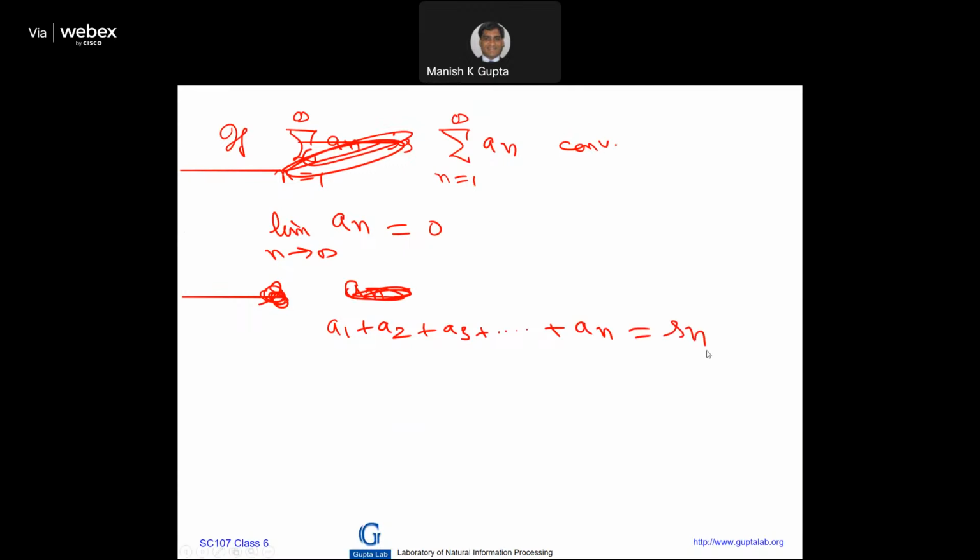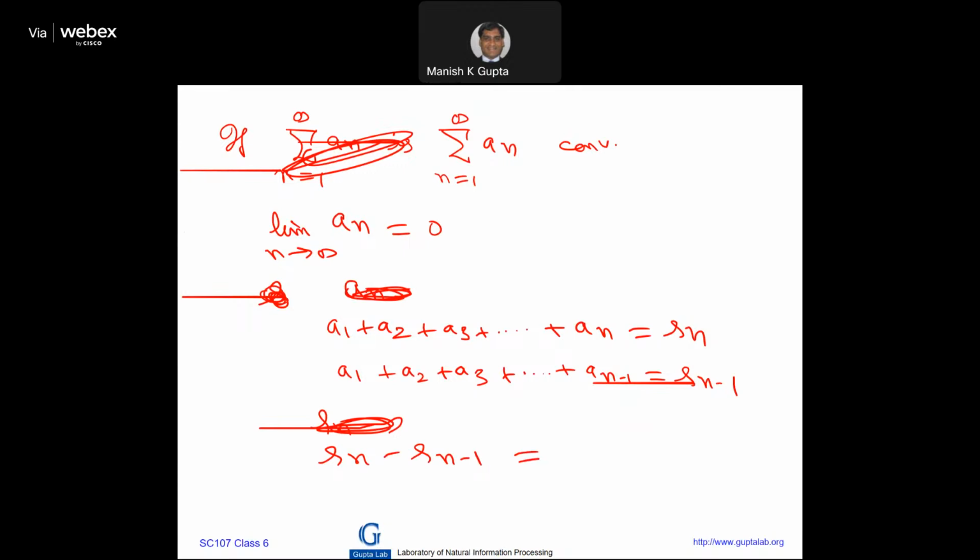And a1 plus a2 plus a3 up to n minus 1 terms is Sn minus 1. So Sn minus Sn minus 1 is an. Now if we take the limit n tends towards infinity, if this series converges towards L, this will be L. And what about this? L. So the overall thing will be 0.